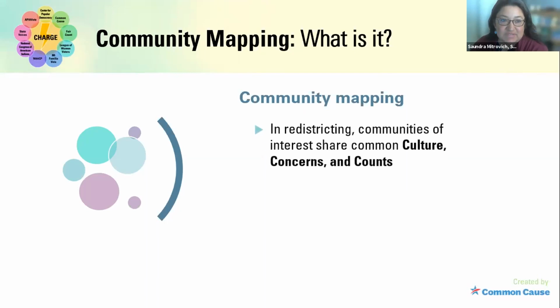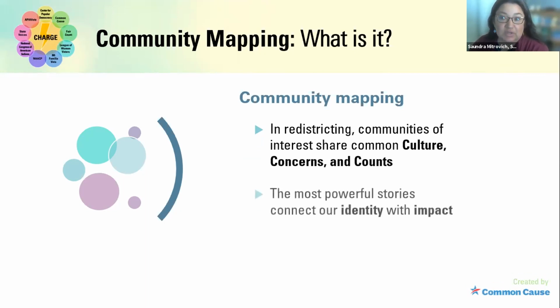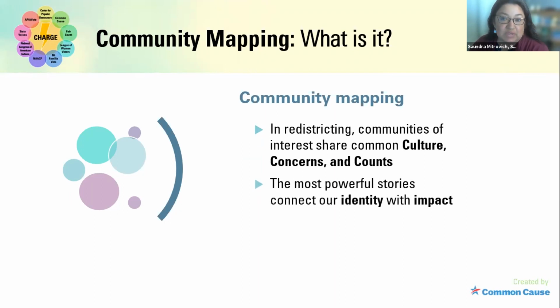What's exciting about this is really just getting started, that first step of redistricting. It starts with having local conversations about our communities and what the culture, concerns, and counts are of each. We call these the 3 Cs. We're going to look for stories that connect our community identity with impact, so we really want to focus on how we tell our stories.